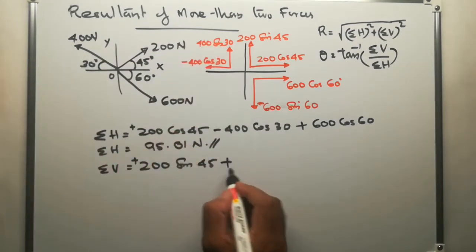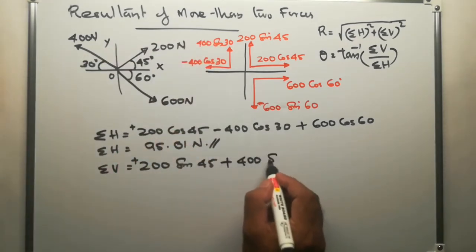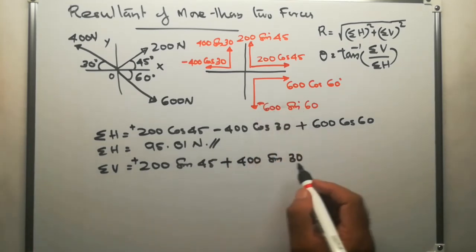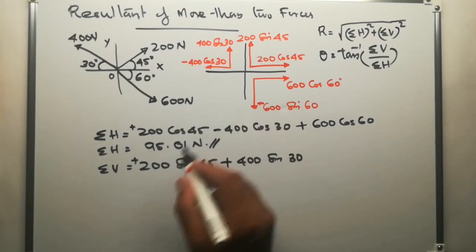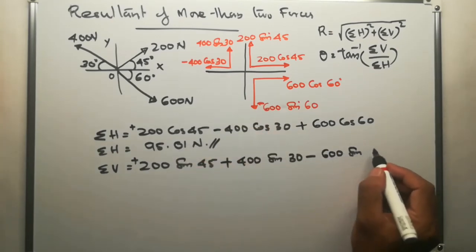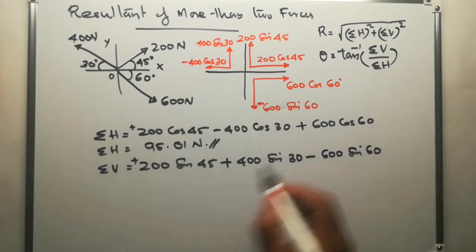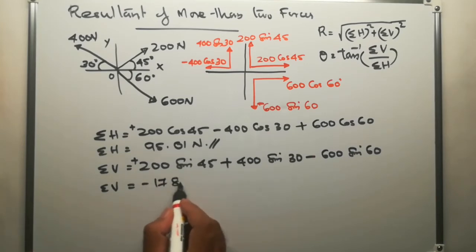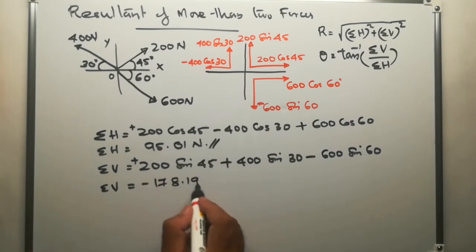It is also plus. Then the third one is 600 sin 60. Its sign is minus. Minus 600 sin 60. These are the three components. When we calculate this, we will get sigma V equal to minus 178.19 Newton.